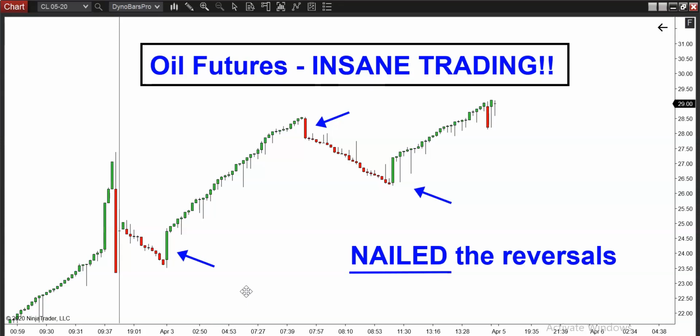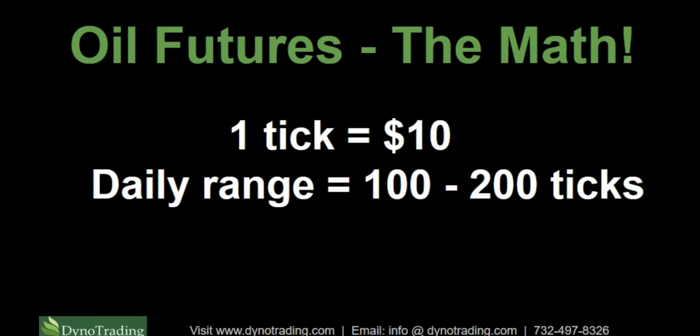All right, so first, let's talk about the math. When it comes to futures trading, you always want to be aware of the profit movement of the instrument that you're trading. Every instrument has its own profit measurement, what's known as the tick movement, and oil is no different. How oil futures works is every one tick that oil moves.